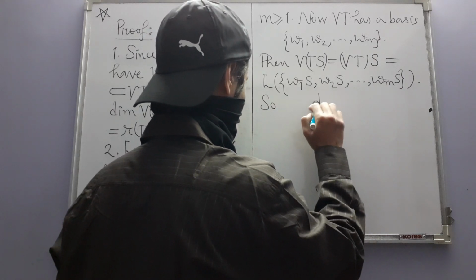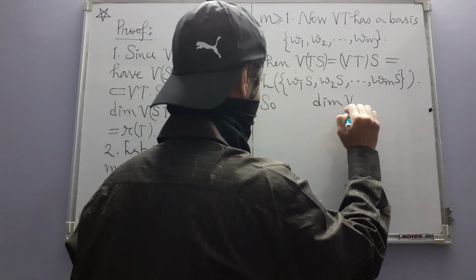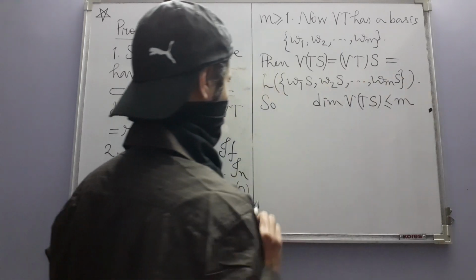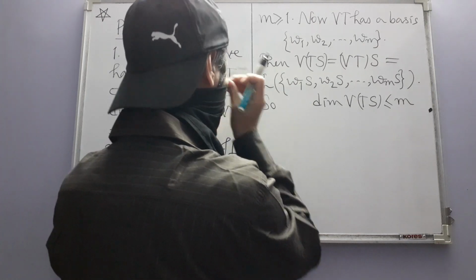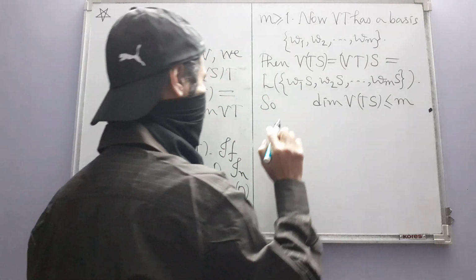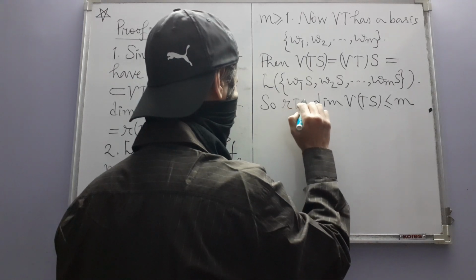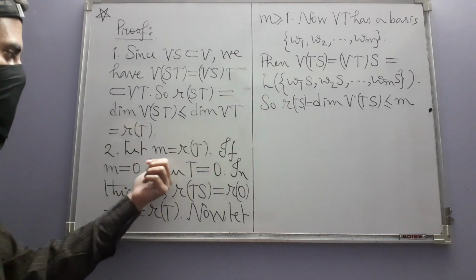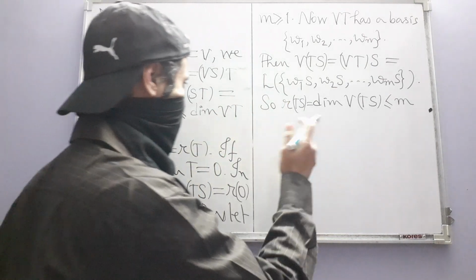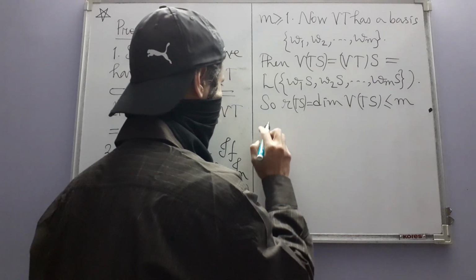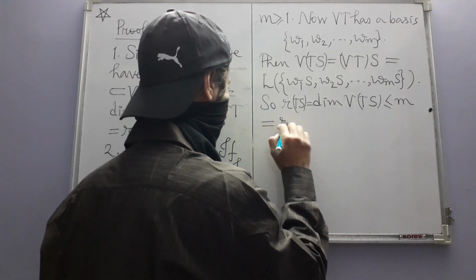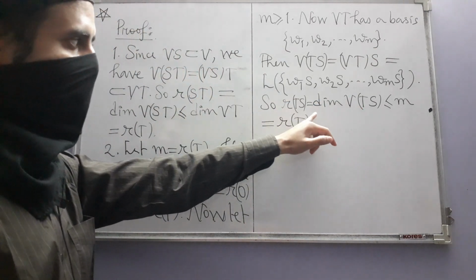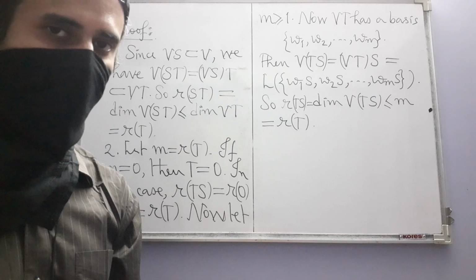So the dimension of Vts is at most M. However, by definition, what is this dimension? This dimension is the rank of Ts, and M is just the rank of T, rank of Ts, sorry, not range. So this is your second inequality. R of Ts is less than or equal to R of T.